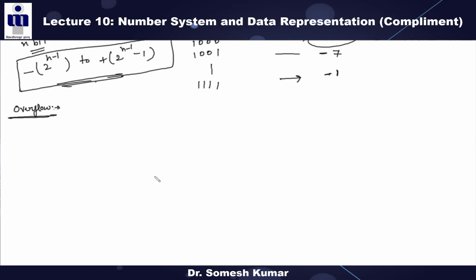Clear? So for example, two numbers are added. This is a 4-bit number, and again this is a 4-bit number. If these two numbers are added, and you get a result of 5 bits, in that case we say there is an overflow condition.